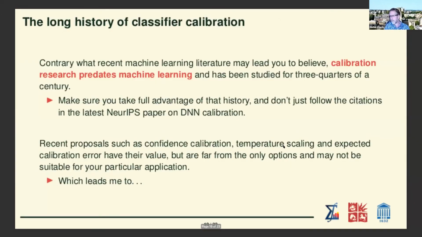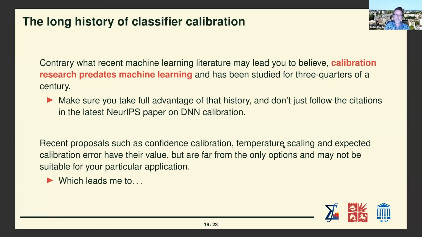Secondly, calibration research predates machine learning and has been studied for three quarters of a century. There is a certain tendency in machine learning, because particularly deep networks have calibration issues, and it's great that these issues are being discussed, but it has also led to a certain amount of reinventing the wheel.